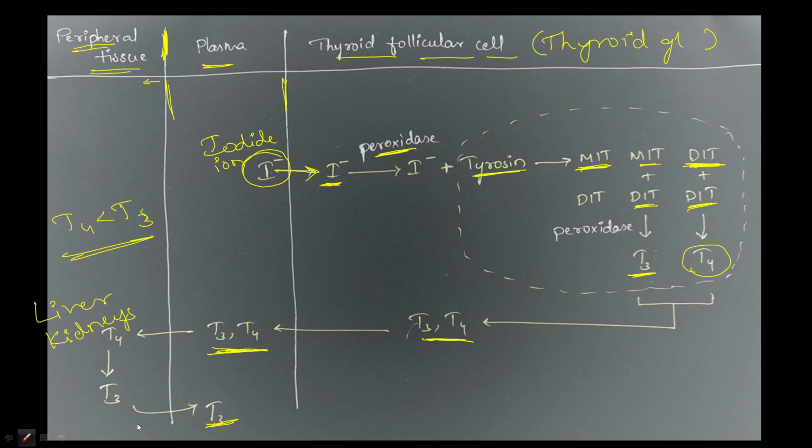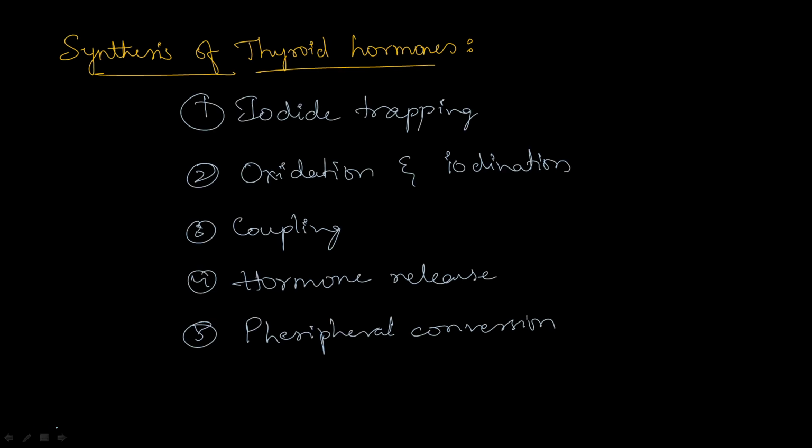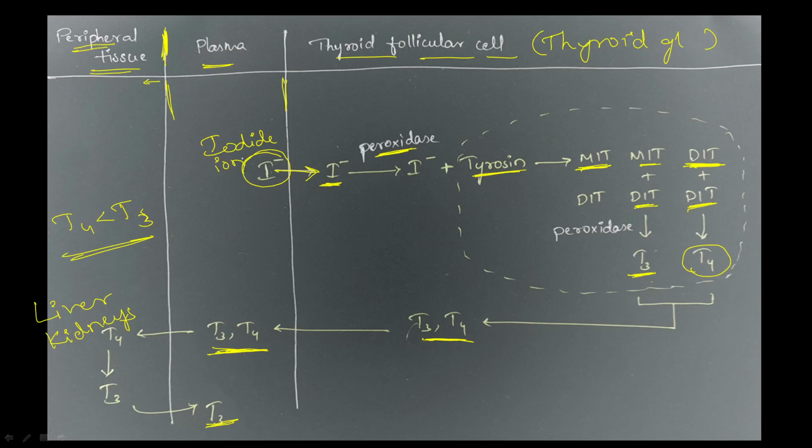So if we see the steps: iodide trapping, oxidation, coupling, hormone release and peripheral conversion. The iodide ion entered into the thyroid follicular cells. This is step 1. In the presence of peroxidase enzyme, the iodide reacts with the thyroxine and produces MIT and DIT. This is step 2. One molecule of MIT and one molecule of DIT couple and form T3.